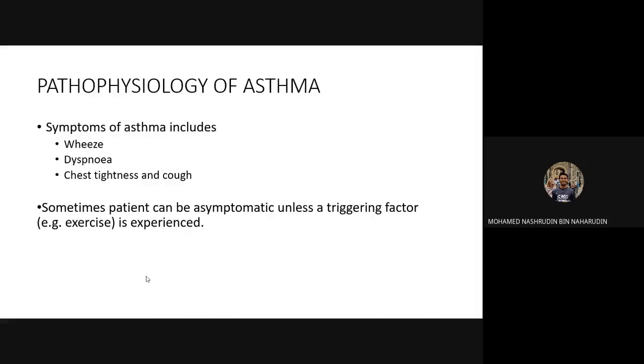So that's that. Now let's look into the pathophysiology of asthma. This is a symptom of asthma that includes wheezing, meaning that their breathing produces sounds. Dyspnea, shortness of breath, will be more notable when the person performs exercise.